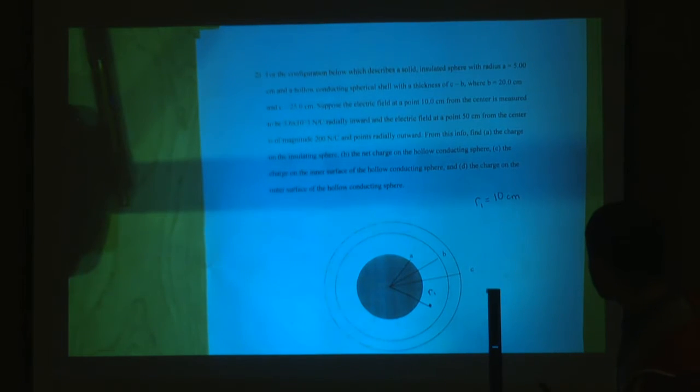Suppose the electric field at a point 10 centimeters, so greater than A but smaller than B, let's call this R1, R1 equals 10 centimeters, is measured to be E1 equals 3.6 times 10 to the 3 newtons per coulomb. This should be shaded in.